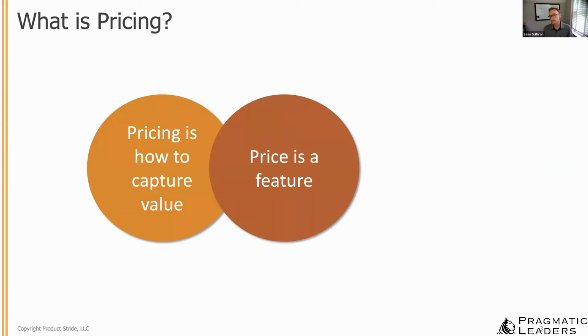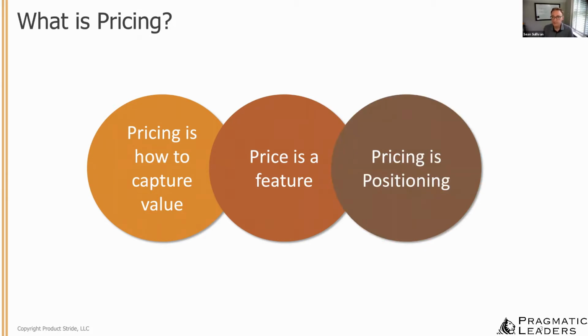What this means is that product management should have a large role in defining what that feature is, because you do all the research around the features, the requirements that the users and customers have. You are best positioned to define the exact pricing and the structure of the pricing for your products.